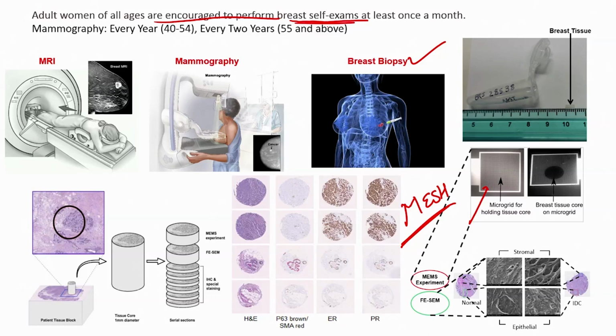While women aged 40 to 54 should go for mammography every year, those who are 55 and above should go every 2 years. Alright, so this is something that is required as awareness.